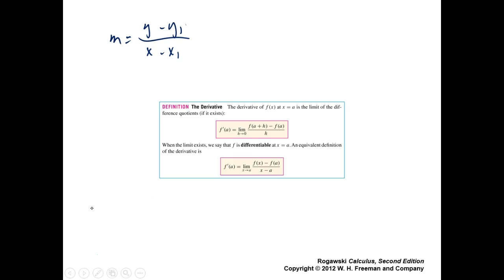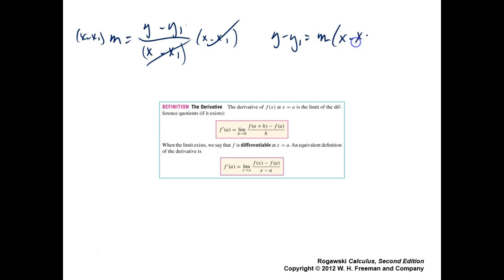Then what do we do with this? Multiply both sides of the equation by your denominator, x minus x1. These cancel out, and that gives you y minus y1 is equal to m times x minus x1.